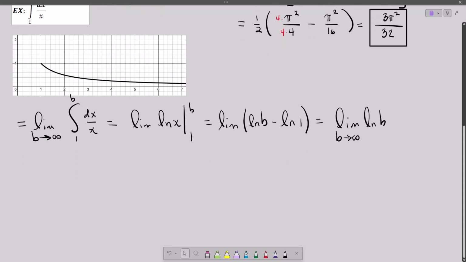And what is the limit of ln b as b goes to infinity? Infinity. Right? If we look at the natural log function, that function kind of looks like a bird wing, but it goes through 1 instead of 0. That's what the natural log function looks like.